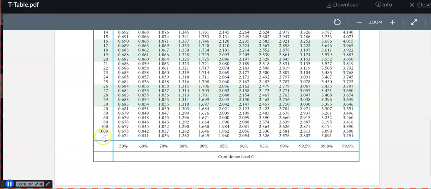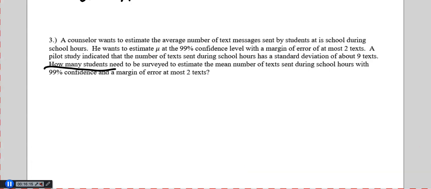This is like the infinity Z. So we go over to 99%, just go right above it, and there's our magic number that we need, 2.576. So Z equals 2.576. You still use the T chart, you just go to the bottom row. Okay? And then it's 9 over the square root of n. Okay? Because 9 was a standard deviation of 9 texts.